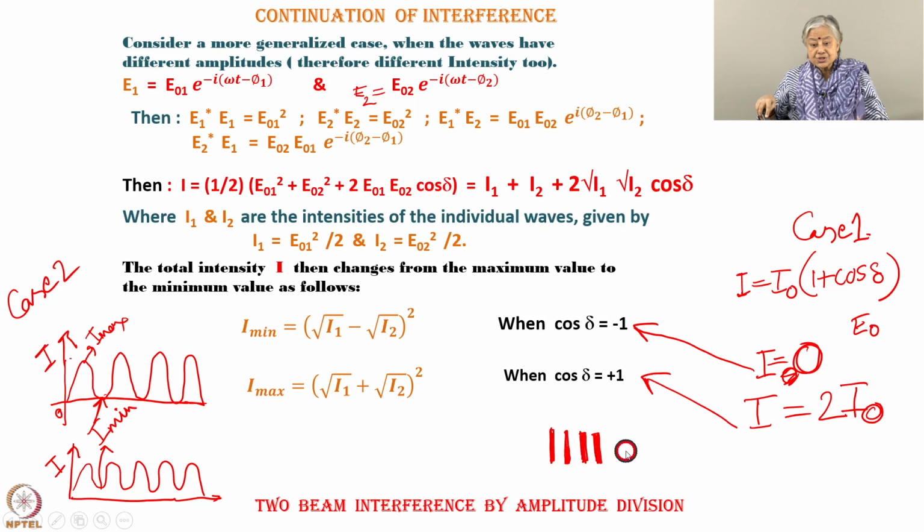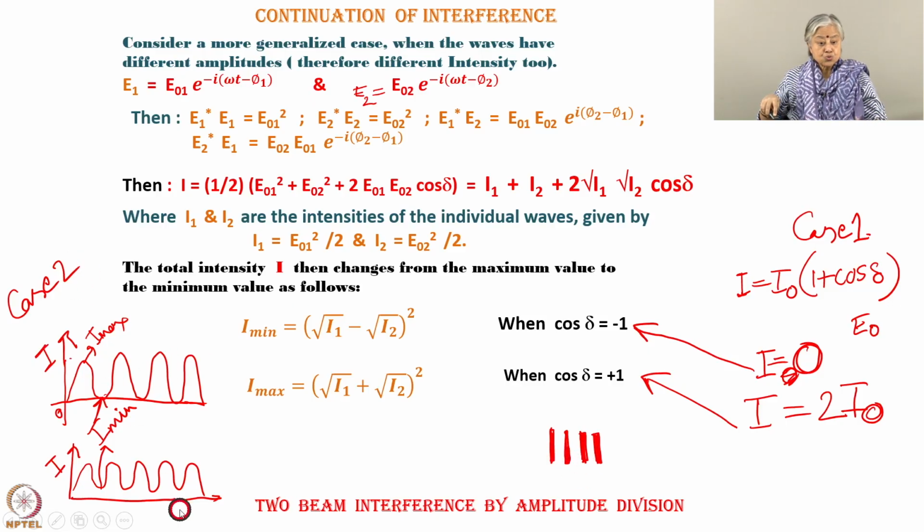Basically, you are getting very sharp and well defined fringes. Why? Because this white part is absolutely 0, there is no intensity there. So it will appear to you as very sharply defined fringes.